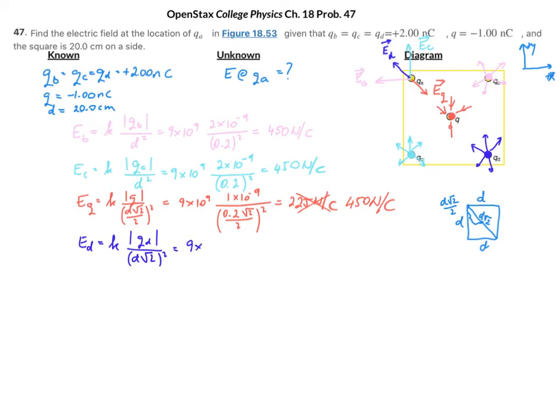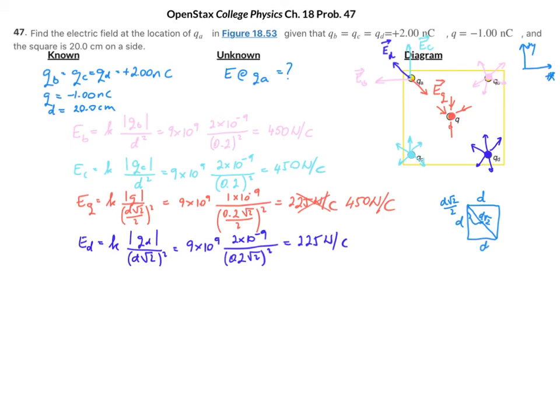So that's 9 times 10 to the 9th times 2 times 10 to the negative 9th divided by 0.2 square root of 2 squared, and that turns out to be 225 newtons per coulomb.